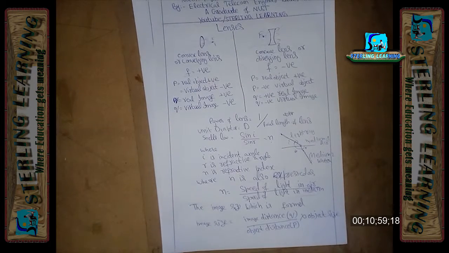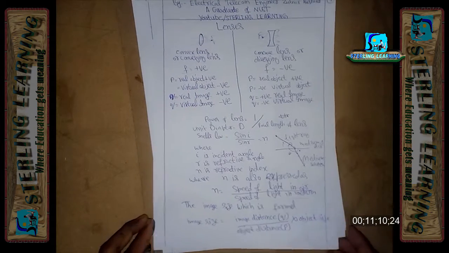It means if the object is 10 centimeter away and the image is formed 20 centimeter away, that means the image would be double in size than the object. Or if the image is closer than the object, then the image would be smaller.